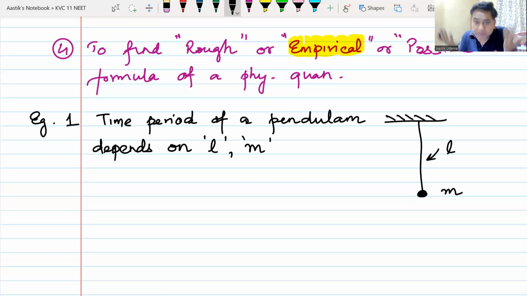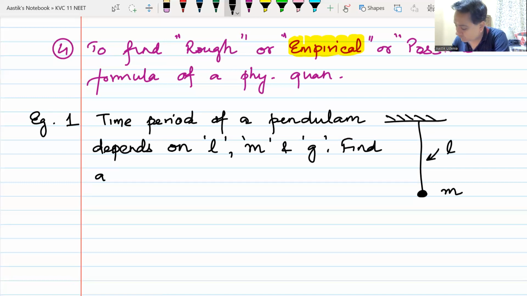A heavier bob may create a lesser time period or something like that. And it may depend on g. Do you understand what this g is, my dear friends? Yes, sir. This g is acceleration due to gravity. Don't forget it. This is not gravity. This is not gravitation.